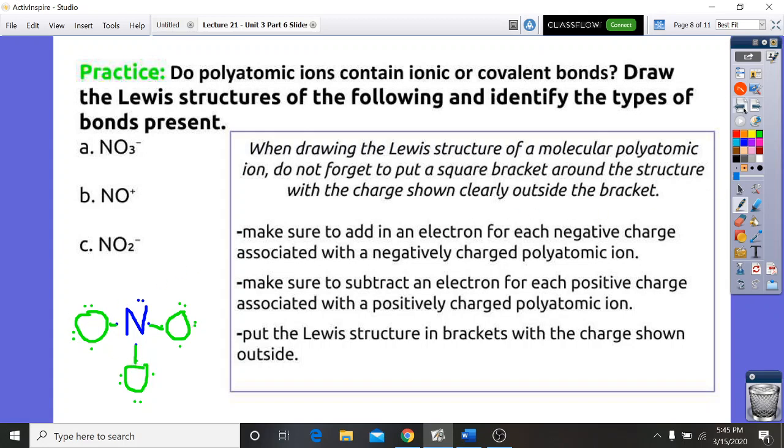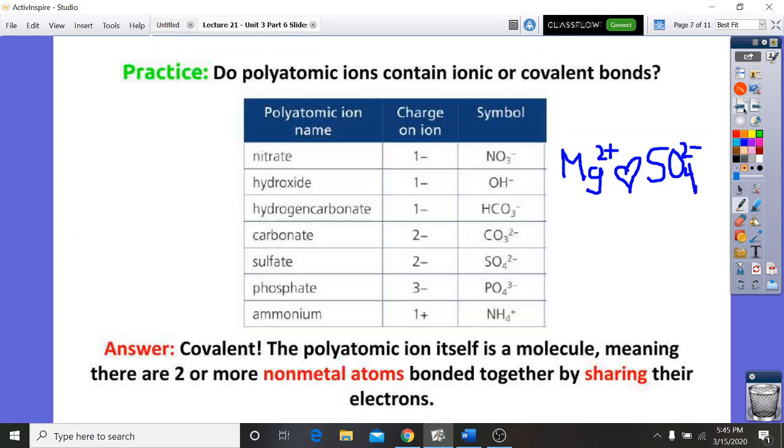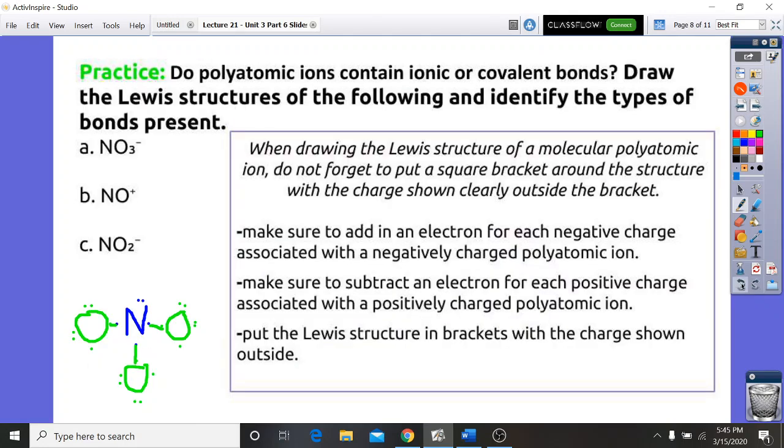So what I can do instead is bond one of them with a double bond. Leave this one with a single bond.